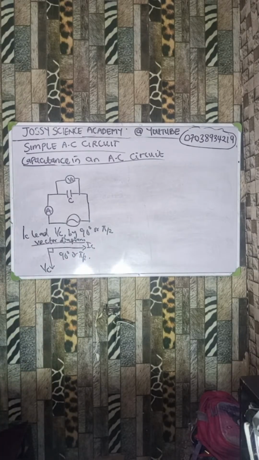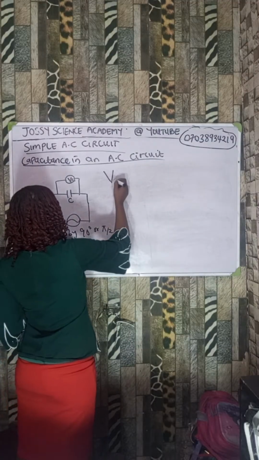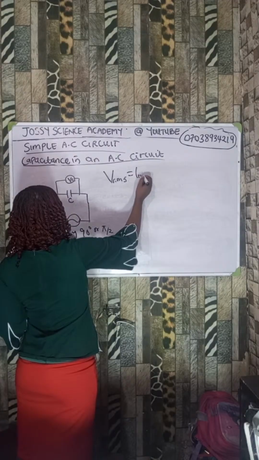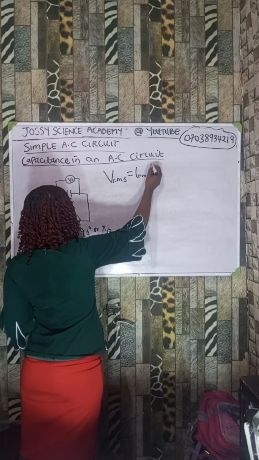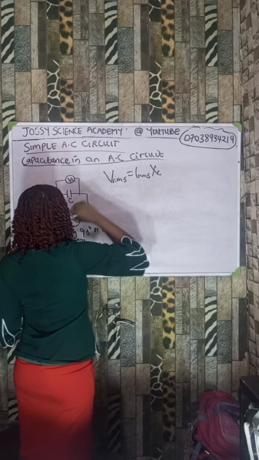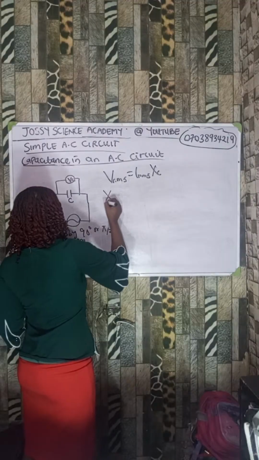Are we clear? Now, the same way we replaced resistance, I'm going to use it to replace this capacitance. Using Ohm's law, V RMS is equal to I RMS times XC.